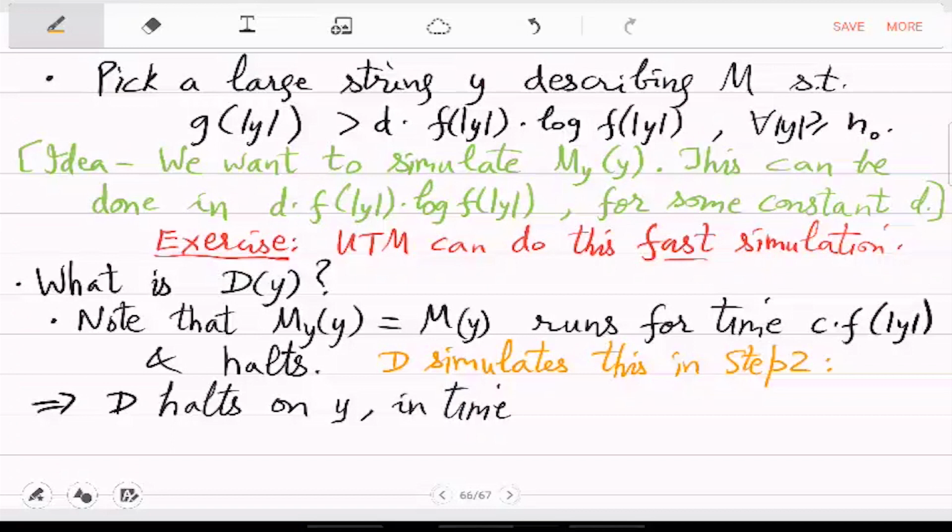On simulation it will blow up to how much? When D simulates this, it will blow up to d times f of y times log f of y, which we have assumed smaller than g of y.